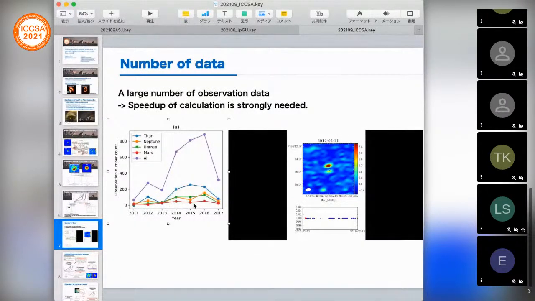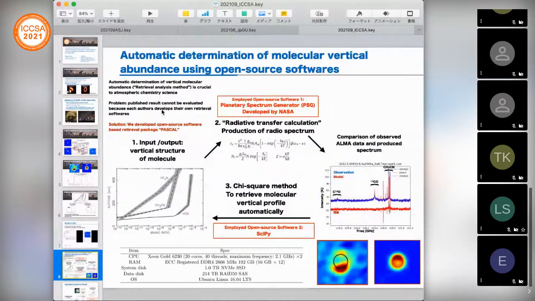In each year, typically we have obtained 200 observation data of Titan, so automated derivation of the three-dimensional distribution of many kinds of gases is very important for atmospheric study. So we have to develop the automatic optimization package to obtain the three-dimensional distribution of gases.